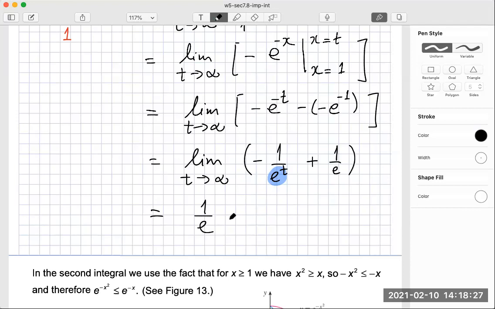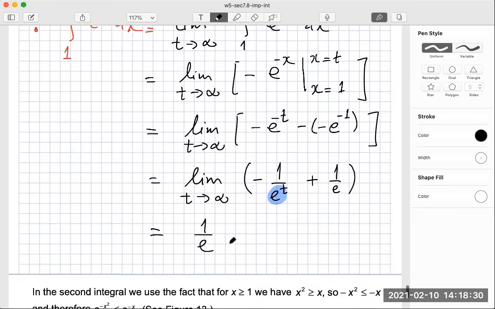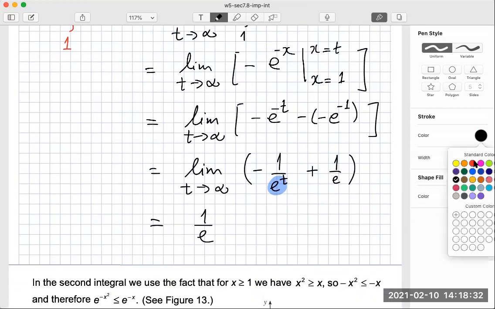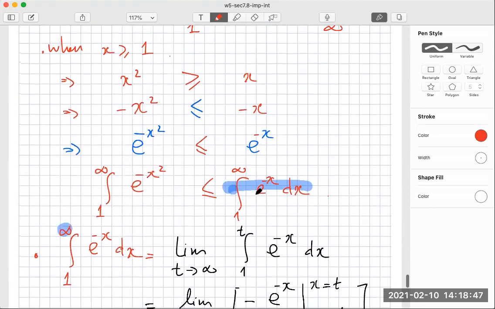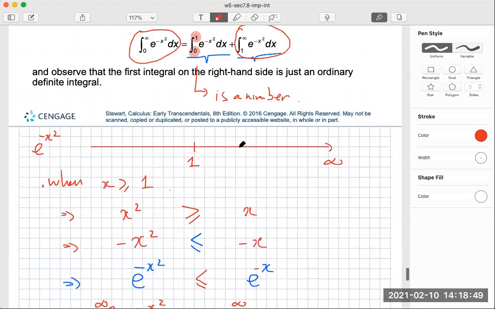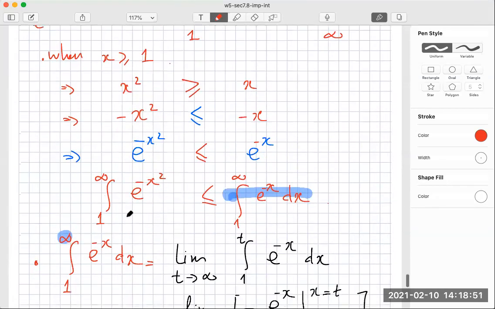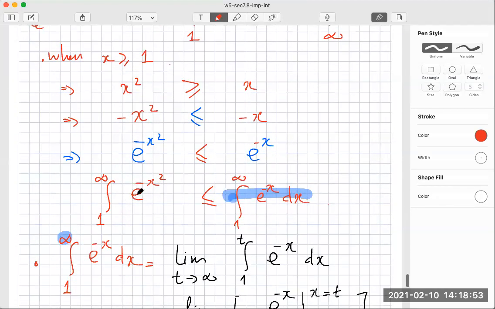So this integral is convergent. Do you agree? The bigger one is convergent, then the smaller one here should also be convergent, right? From the comparison test.